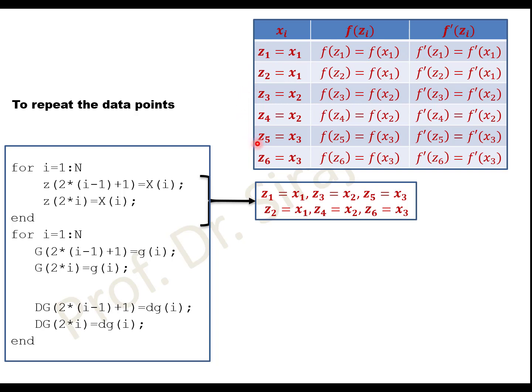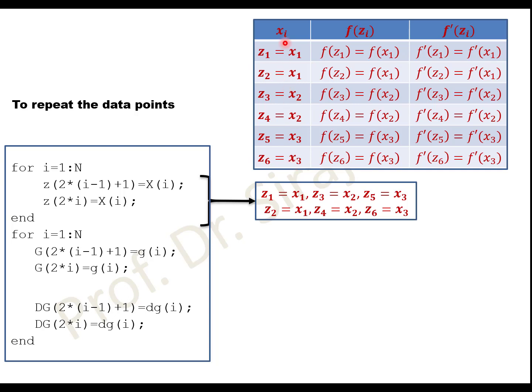Now let's come to the even entries. i is equal to 1, z2 is equal to x1. Yes, z2 is equal to x1. i is equal to 2, z4 is equal to x2, and you can see z4 is equal to x2. i is equal to 3, z6 is equal to x3, and you can see z6 is equal to x3.